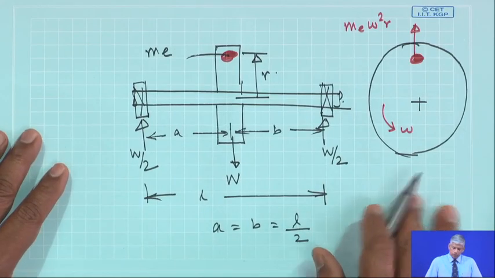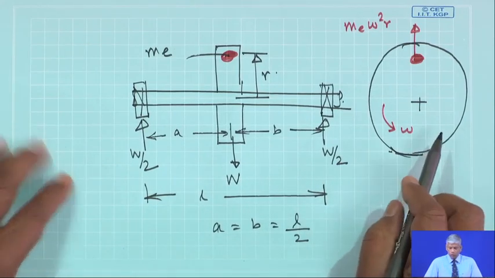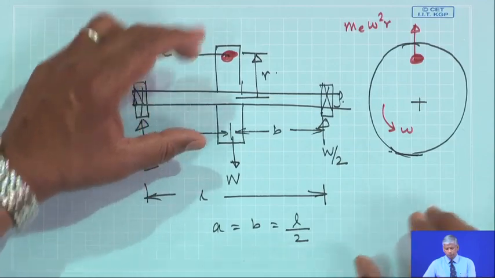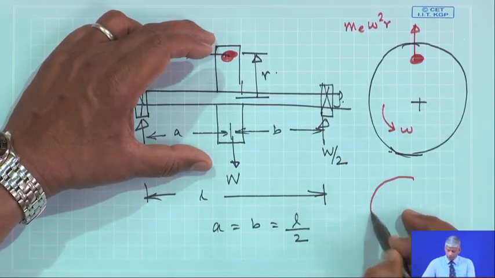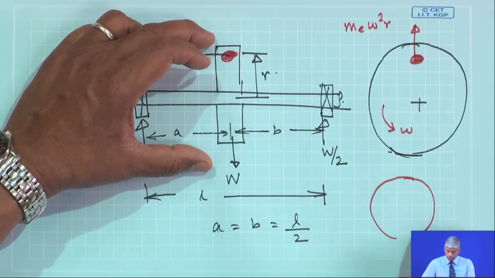So, I have such a scenario which can happen, and this could be maybe a set of blades in an impeller or a fan.